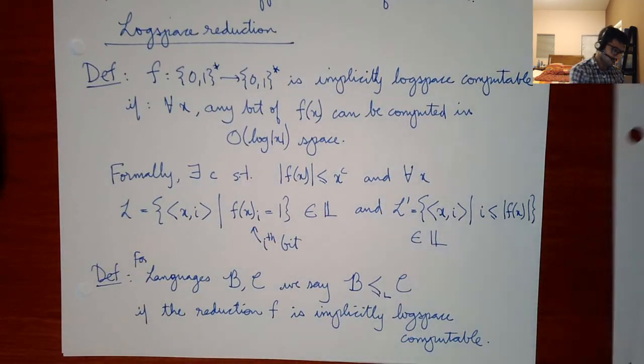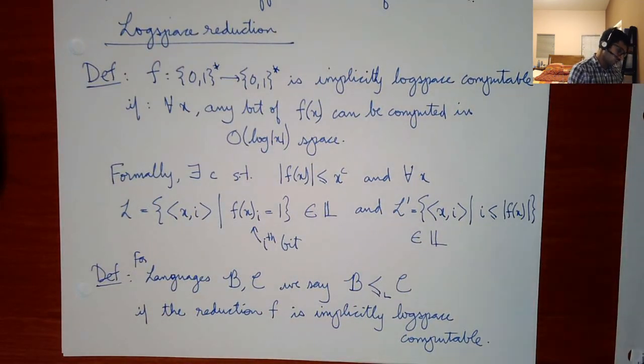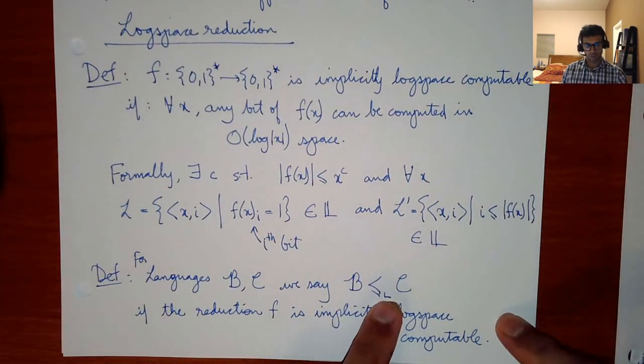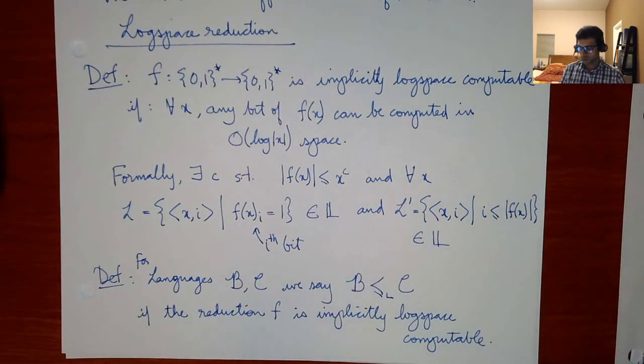This is going to require some definition, but once we get that, we have another notion of reduction, which you can think of as a more stringent version of a polynomial time reduction.